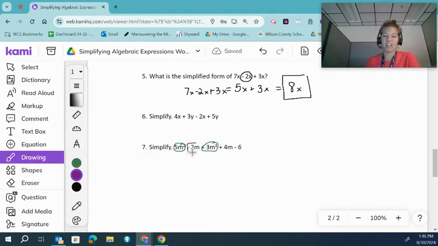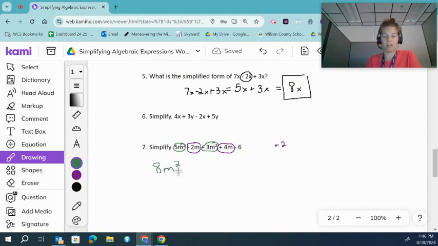Then you have negative 2m and positive 4m that are like terms. And negative 6 does not have a like term. However, if it also said plus 2 in the middle here, that would be a like term because they're both constants.